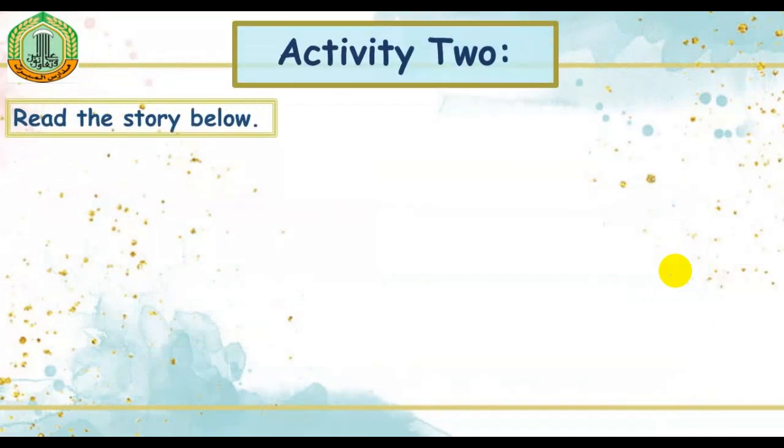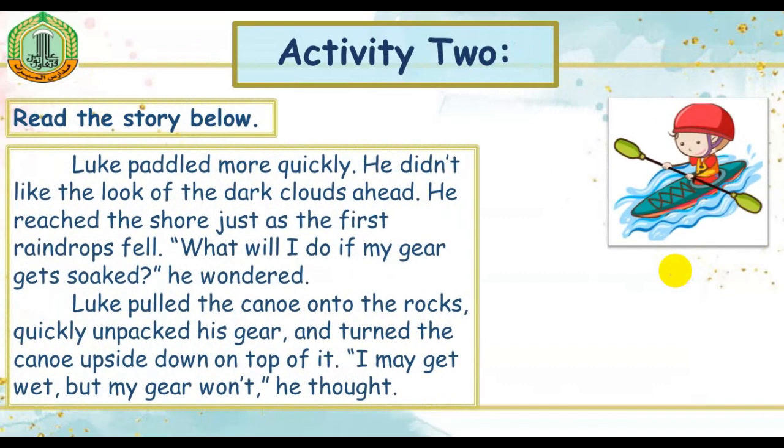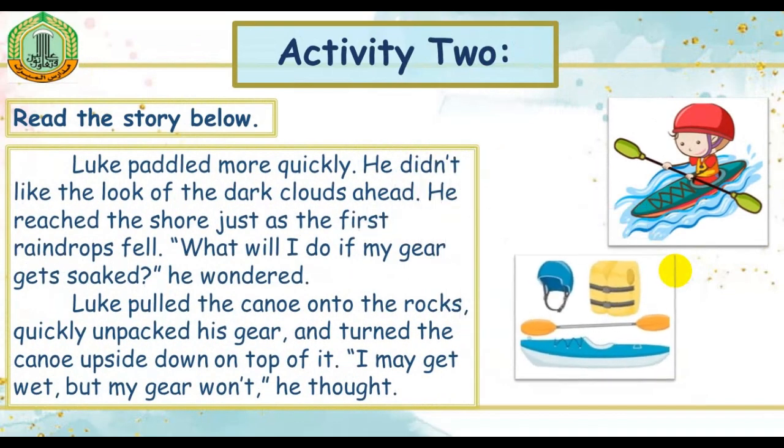Now we have another activity. Read this short story with me. Luke paddled more quickly. He didn't like the look of the dark clouds ahead. He reached the shore just as the first raindrops fell. What will I do if my gear gets soaked? He wondered.